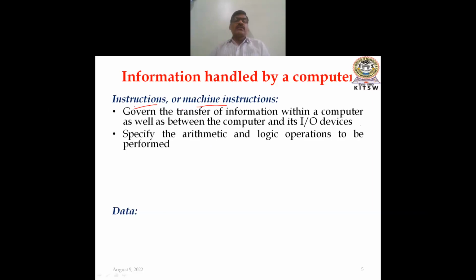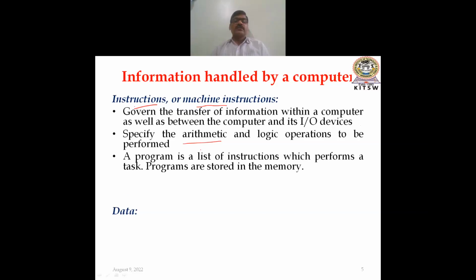And these instructions also specify what type of arithmetic and logic operations are to be performed. If you write a group of instructions, it is called a program. So a program is written to solve a particular task.